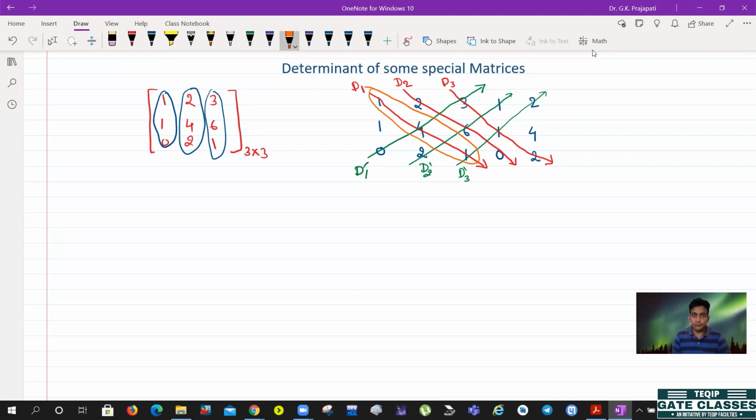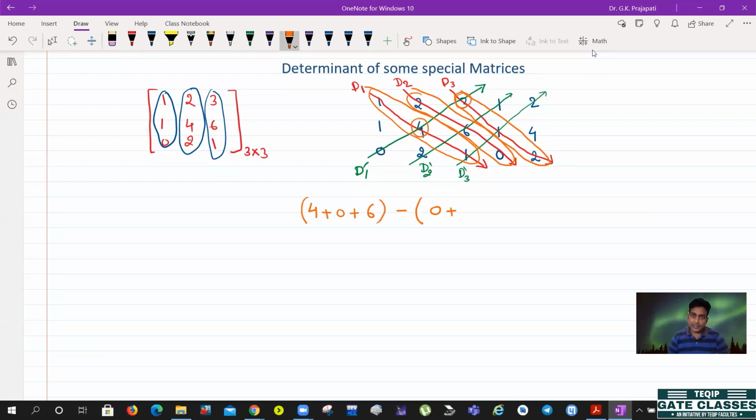It means 1 into 4 into 1, which is 4, plus again we multiply each element of the diagonal D2, that is 2 into 6 into 0, which is 0, plus again we multiply the elements of diagonal D3, that is 3 into 1 into 2, which is 6, in minus.